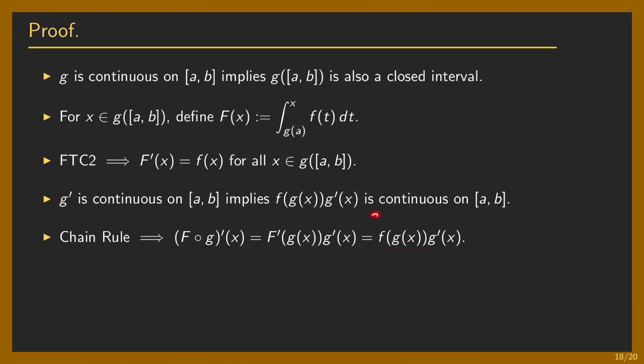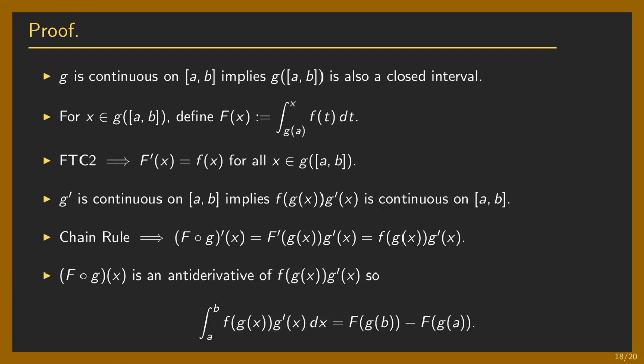So if I want to integrate this from a to b, anong mangyayari? First, fundamental theorem, i-apply ko. Okay. Integral nito from a to b will be the value of big F circle g at b minus big F circle g at a, which is written as follows.